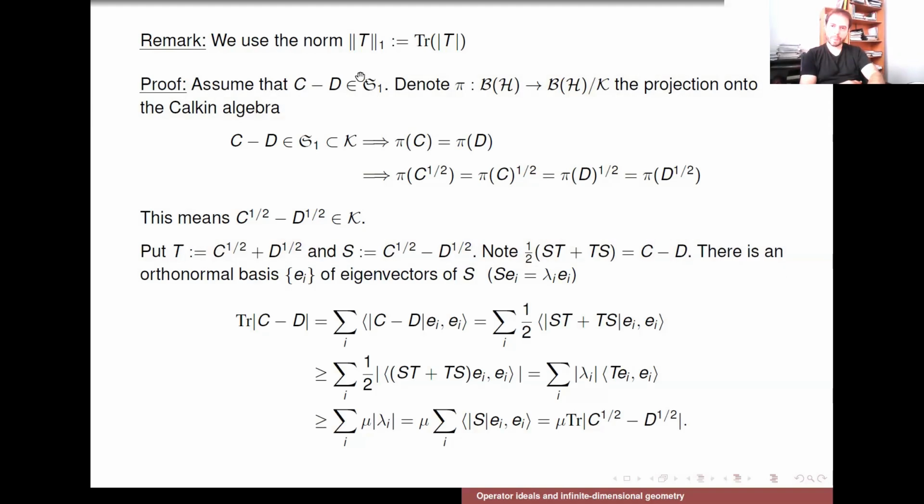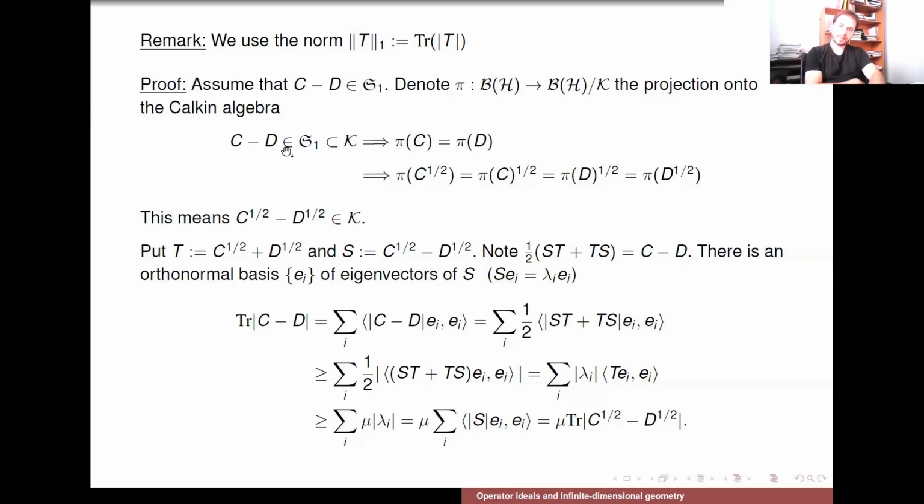We denote the trace norm as follows. So we assume that this difference is in the trace class. If it is not, there is nothing to prove. So we consider here pi, the projection onto the Calkin algebra.